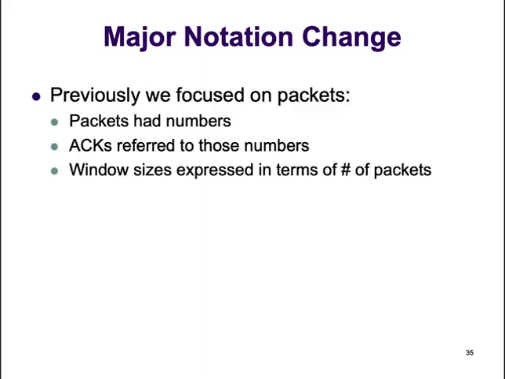Now we're going to change notation, because TCP does things in a rather specific way. Previously we focused on packets: I send packet number 1, 2, 3. When I get an acknowledgement, it's saying I acknowledge packet number 1, 2, 3. So there was a number associated with every one of these packets.